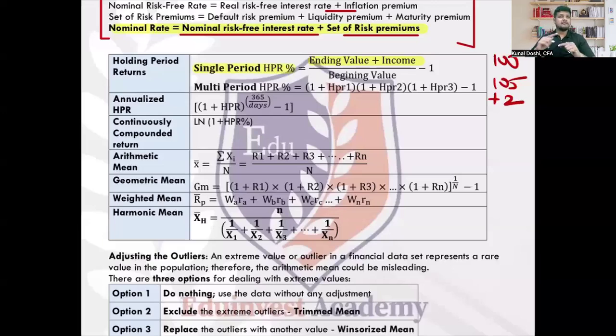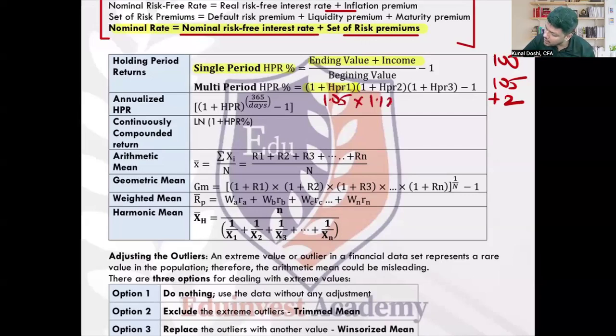Okay. However, what if there is a multiple period holding return, right? Holding period return for, let's say, 5 years. In that case, for every period, we calculate the return and we compound it. So let's say first year return is 5%. So how will I compound it? 1.05, 1 plus 5. Second year return is 12%.